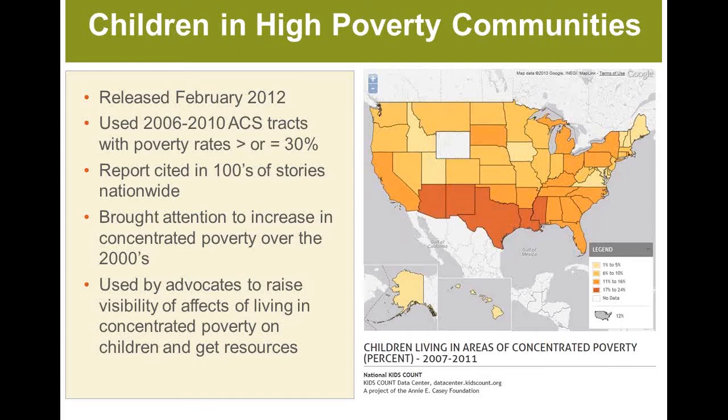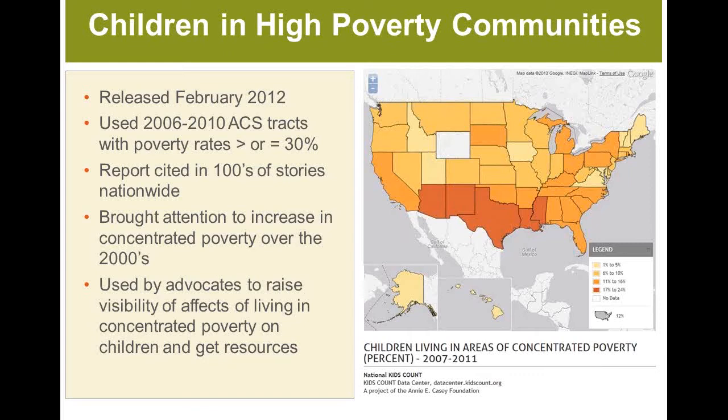The report was cited in hundreds of stories across the country, and it really did bring attention to the increase in concentrated poverty since 2000, which I think there wasn't a broad understanding about, the fact that that trend had reversed, at least for kids, over that decade.